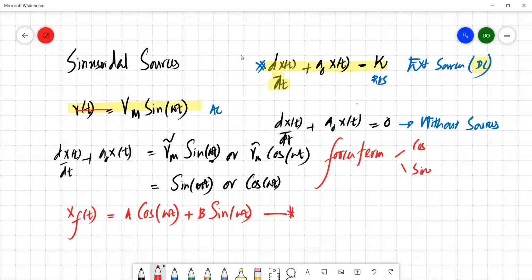If it is a sine or cosine function, we can propose this as the trial solution. So the forced response, the trial solution, would be an unknown constant a times cos omega t plus b sine omega t. I think you got the point. Any questions?